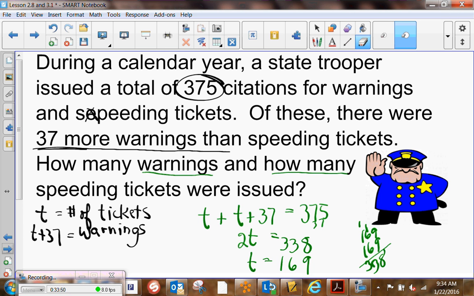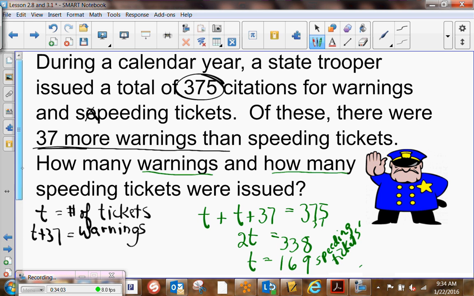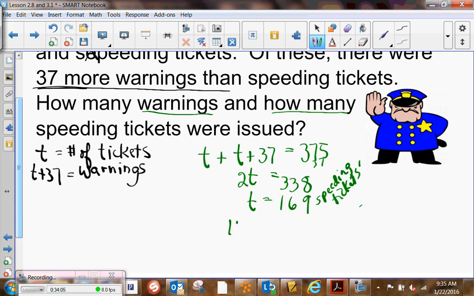And T was my speeding tickets. And then my warnings, I would just add 37 to that. So 169 plus 37 is going to be 206 warnings.